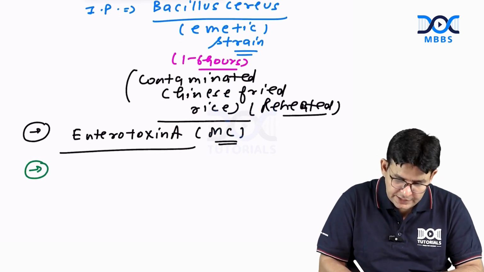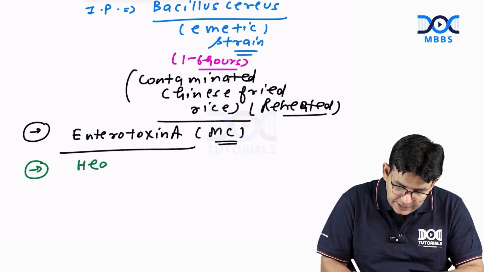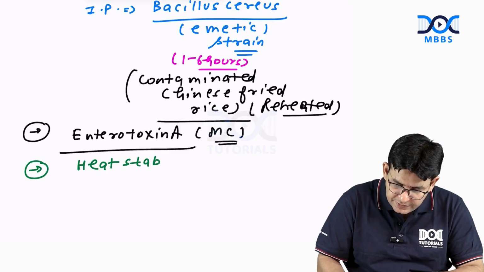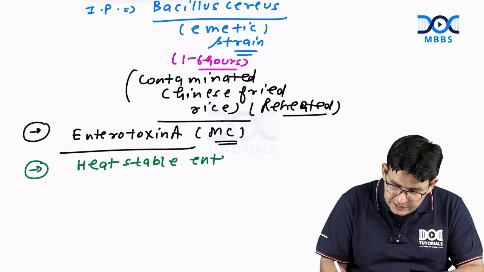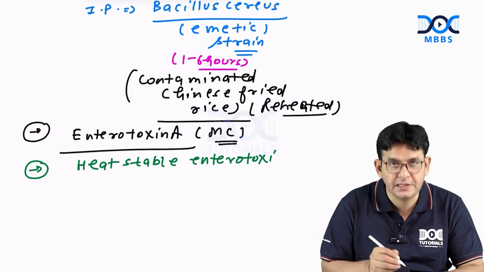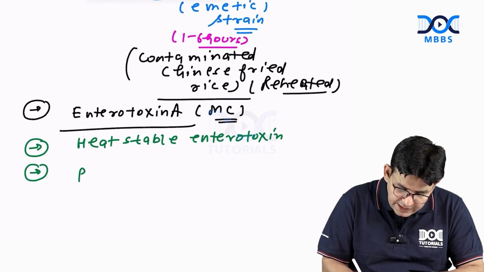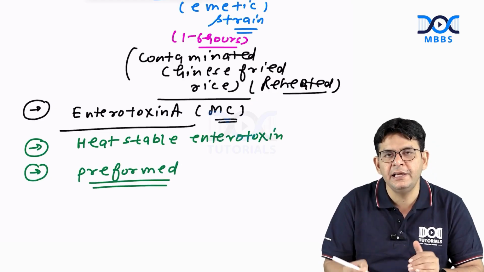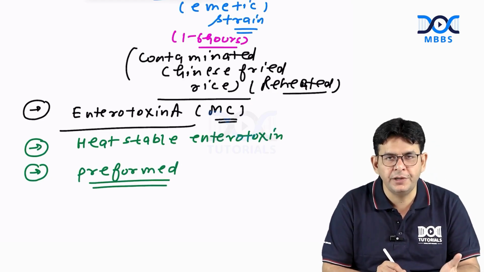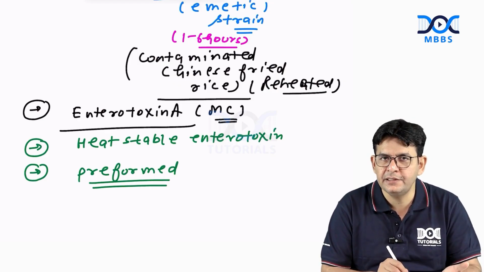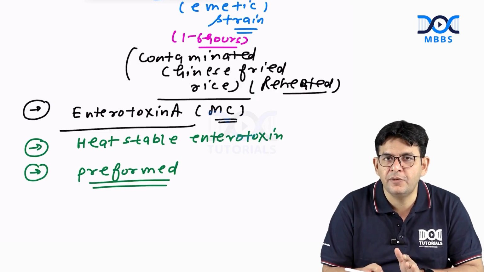This one is a heat stable enterotoxin. Remember, this particular toxin is heat stable, enterotoxin A, and it is termed as preformed. Preformed means it is already in the food and doesn't change into any other form inside the body.